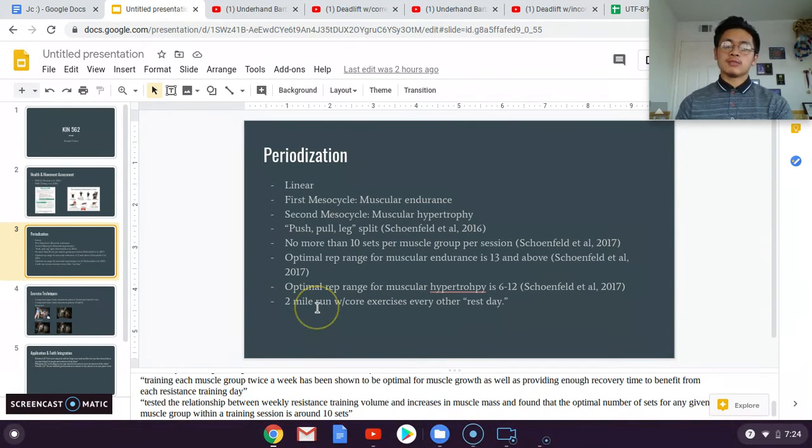And then also because one of my client's goals was to gain more lean muscle mass as opposed to just muscle mass in general, I incorporated a 2-mile run with core exercises every other rest day. One, I didn't want to do it every rest day because then she'd be working out pretty much nonstop for 8 weeks.